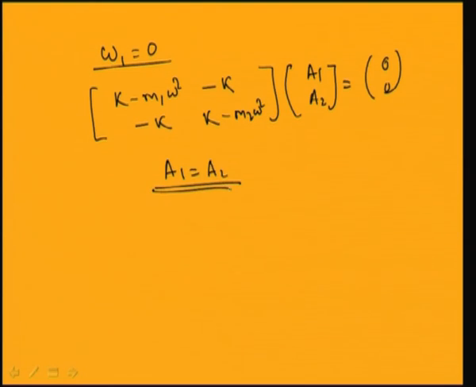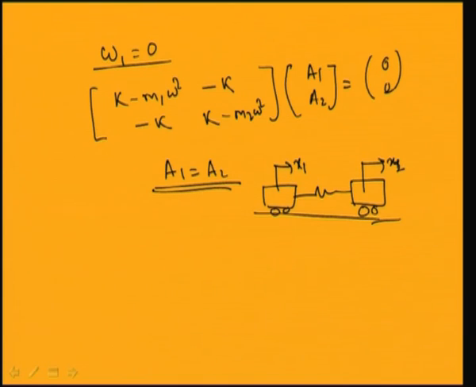So a1 equal to a2 means both the masses, this is x1, this is x2, have the same amplitude.